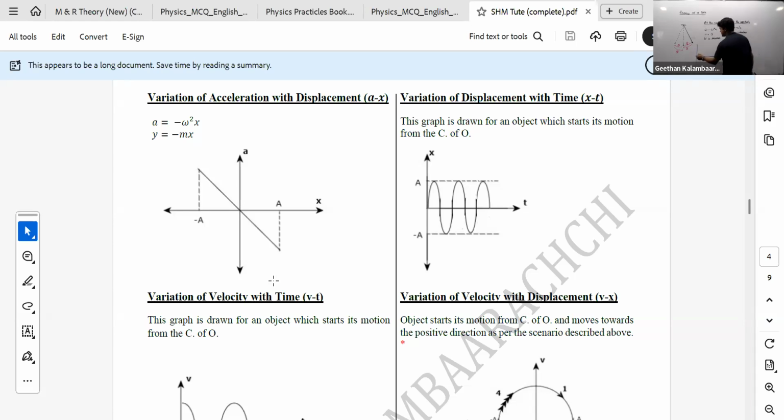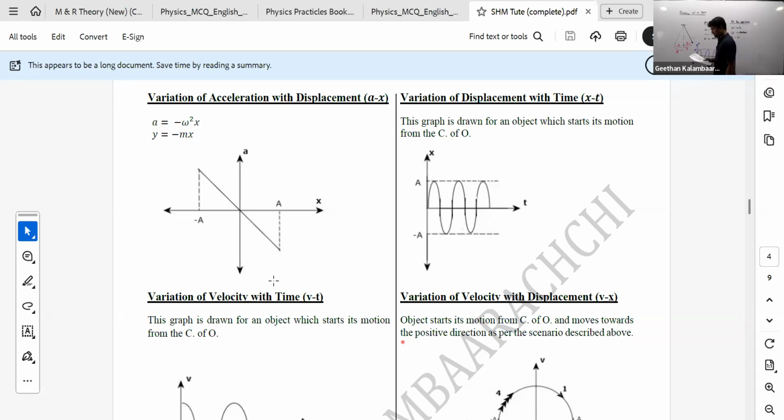I have written an option for the displacement. Likewise, then make the graph MCQ and the other one MCQ, right.